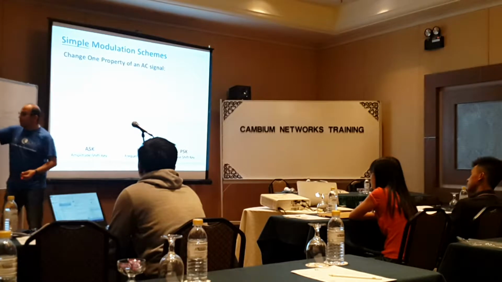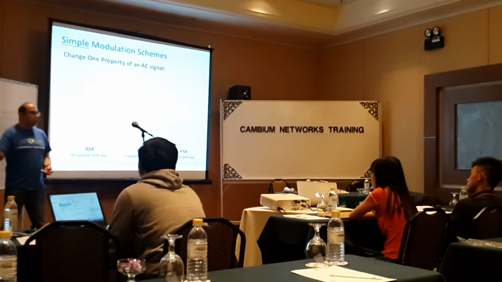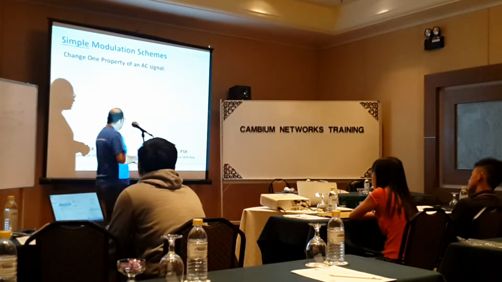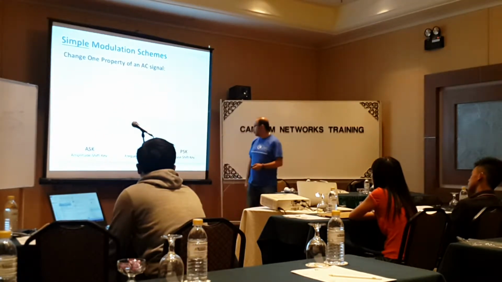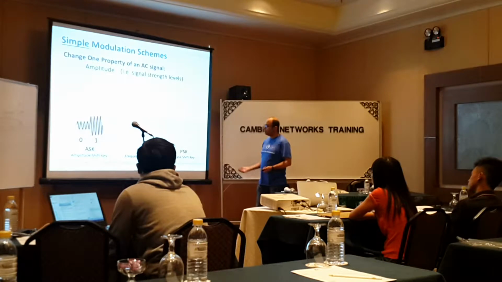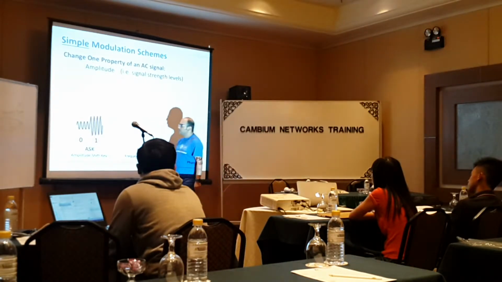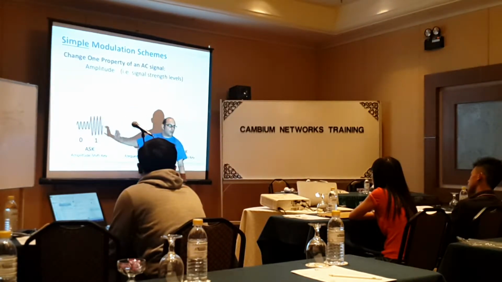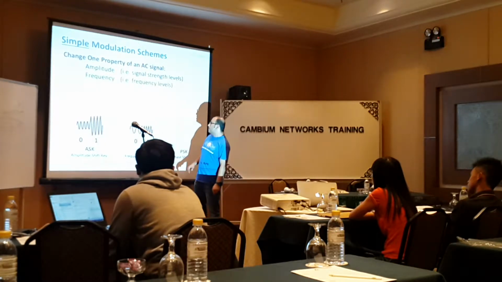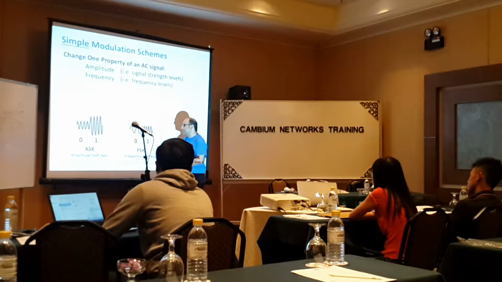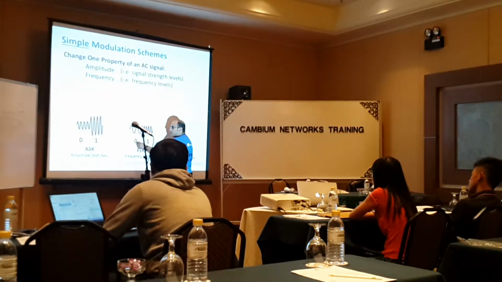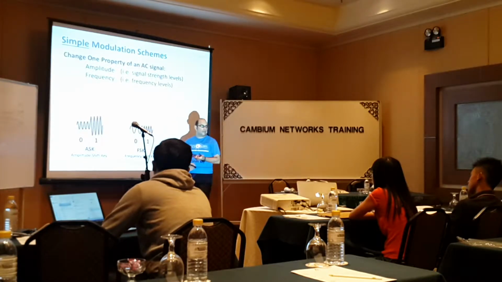Here the frequency is lower, but here the frequency is high. This is FSK, or frequency shifting key. For amplitude, this one has lower density, this one higher density. Or with frequency change, here is lower frequency than here, because this one represents 0, but this one should represent 1.